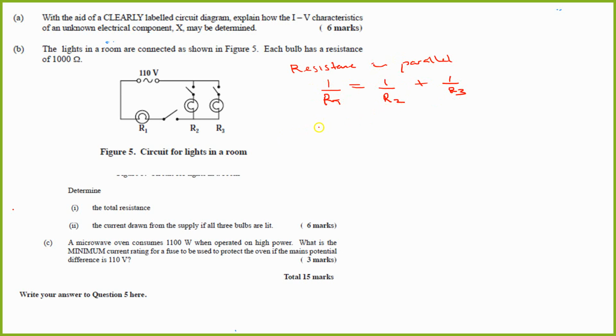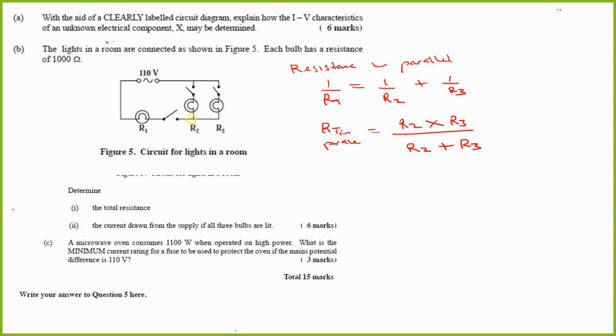Another way you will see the equation is to say RT, and this is obviously in parallel, is equal to the product of the resistance over the sum of the resistance. So R2 times R3 divided by R2 plus R3. So easy way to remember this.